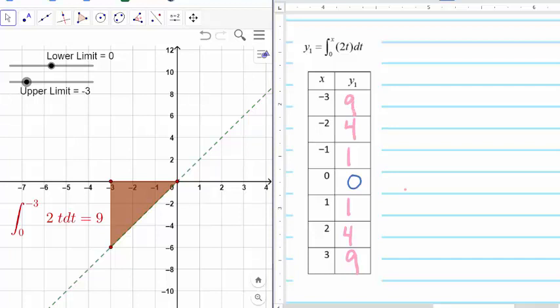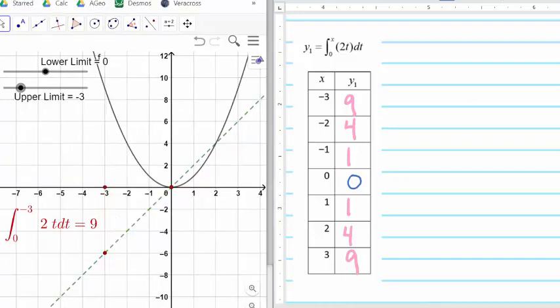All right, now I'm going to go ahead and plot my function y1. So here's a graph of y1. Hopefully, in thinking about the content that we learned in the first semester, this will make a little bit of sense.